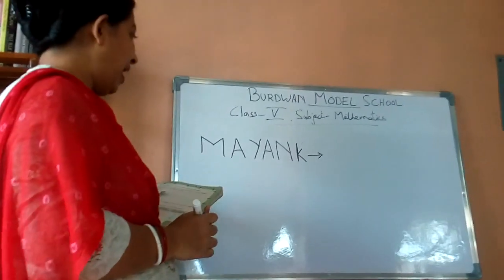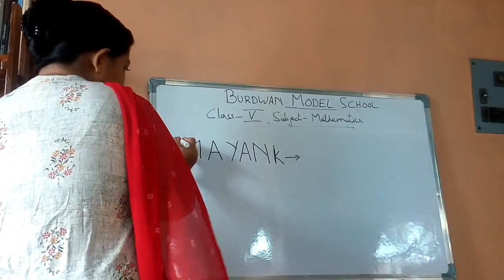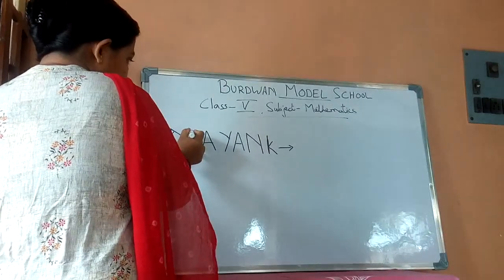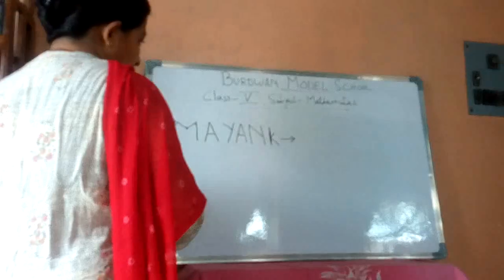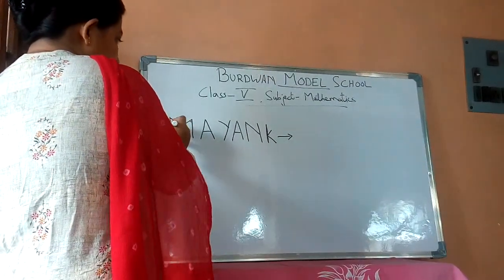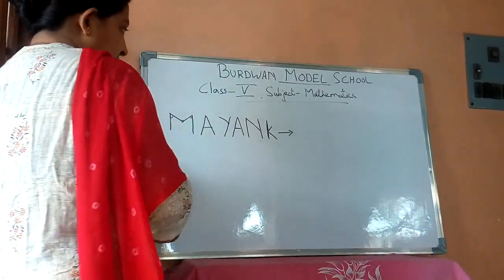You have to see how many angles are there. First, this forms an angle, this forms an angle, then this again forms an angle. You will count. Okay, these two are less than 90 degrees and this one is 90 degrees.